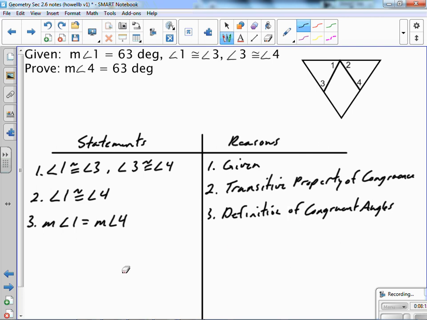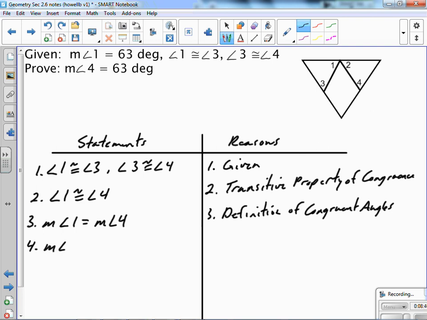Alright, so now the measure of angle 1 is equal to the measure of angle 4. We've kind of run out of steps with the information we have so far. So I'm going to bring in the next part of the given, which is what we always do when we can't go any further with the thread of information that we have. Then we look to see if we've got more given that we can put in there.